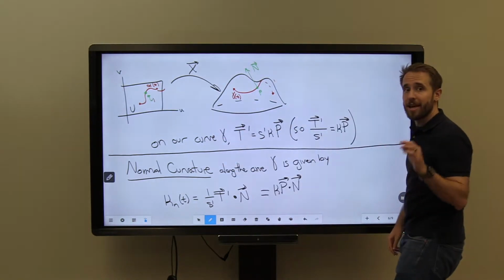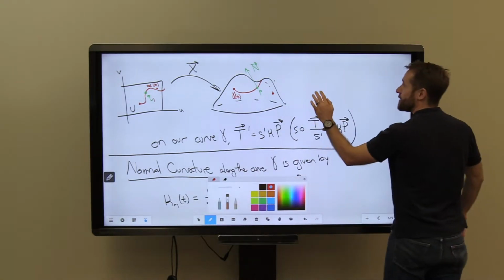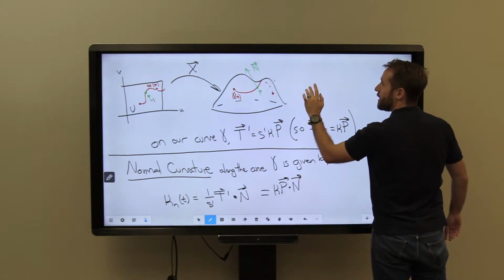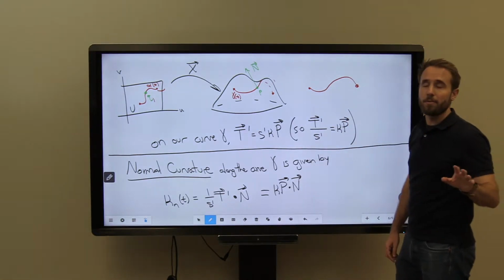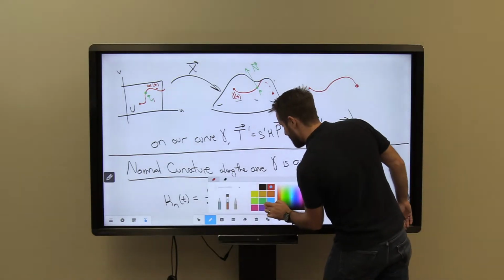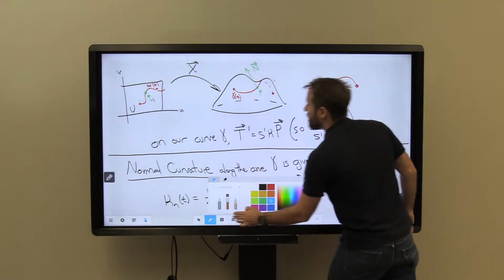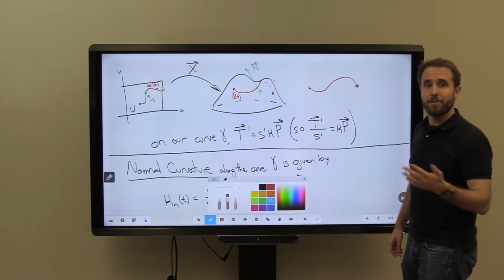And if I want to examine this curve by itself, let me just draw it here off to the side. This is the same curve, but I'm ignoring the surface for a moment and just looking at the curve itself. If I wanted to examine this curve, I would find that it has, at every point, a given Frenet frame that I can calculate.